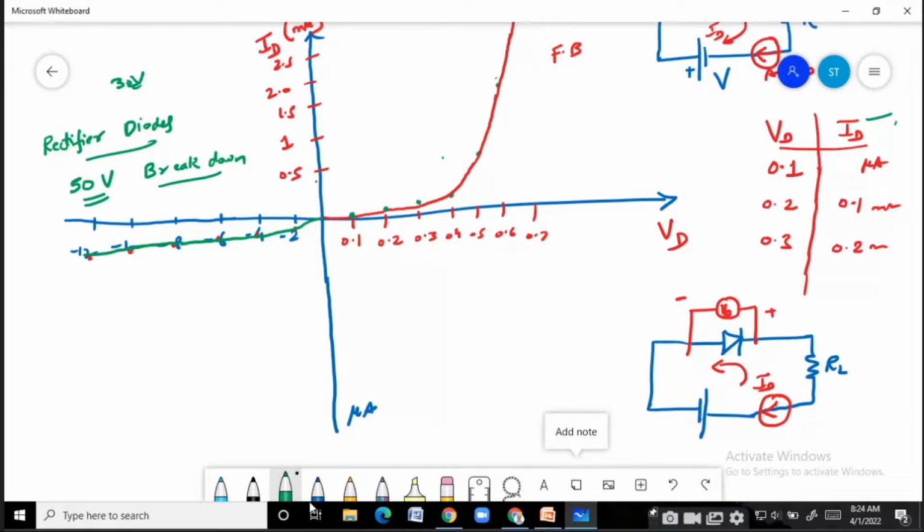In that case, you never find a breakdown in our lab using these diodes. So you get a line like this, and you stop somewhere here. You say, okay, this is our characteristic in the reverse bias condition.